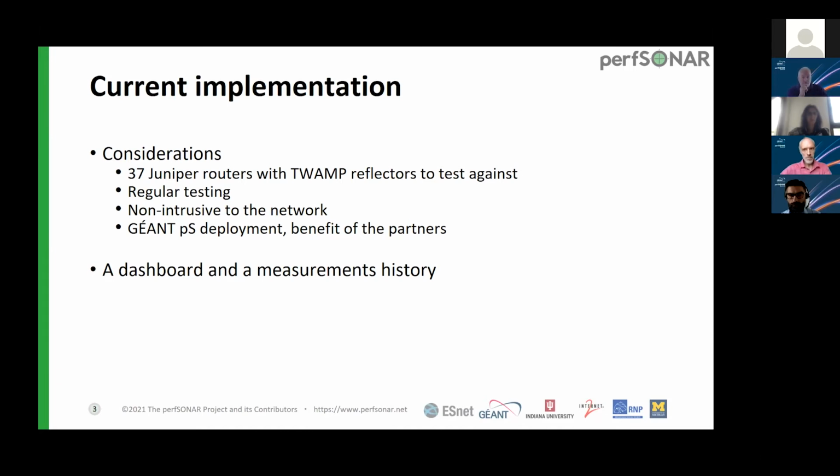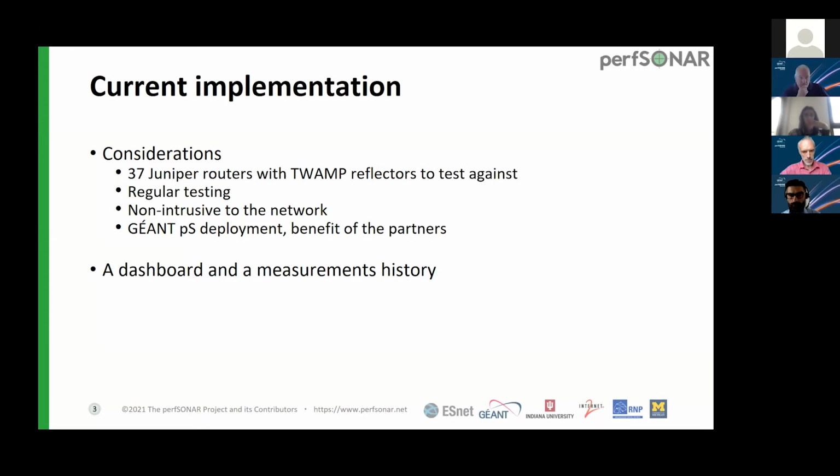The requirement was to have regular testing, a mesh with regular testing, and that should have been non-intrusive to the network, but also non-intrusive to the perfSONAR nodes of GÉANT Operations, because these perfSONAR nodes are also there for the benefit of the partners, so they should be able to respond to partners' requests for measurements.